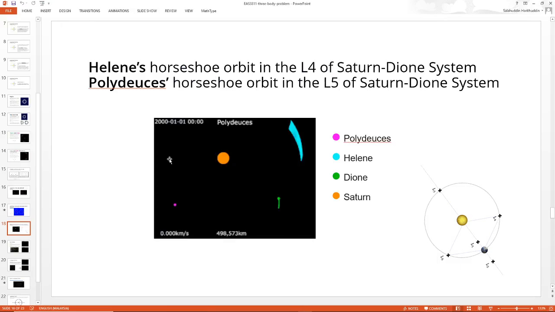Now, what we have looked into are the natural happenings in our solar system. We usually only hear of a moon going around a planet, like our moon going around our planet. We can explain that using the two-body problem, no worries.